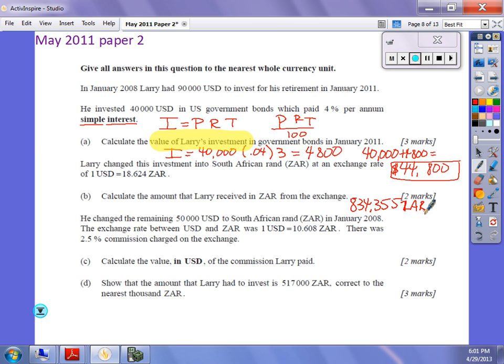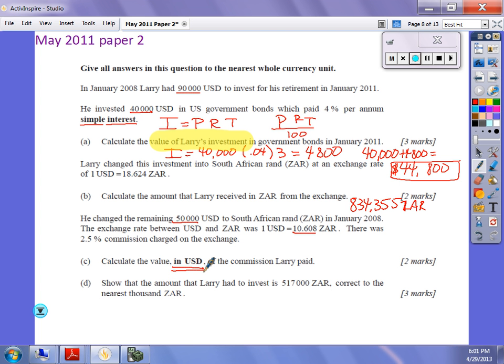All right, now he exchanges the remaining 50,000. So remember, he started with 90. He invested 40, and now he's going to change the remaining 50,000 US dollars right away into South African Rand. The exchange rate was different in 2008, and then Larry also has to pay a 2.5% commission. So the first thing we're going to do is calculate the value of the commission in dollars.